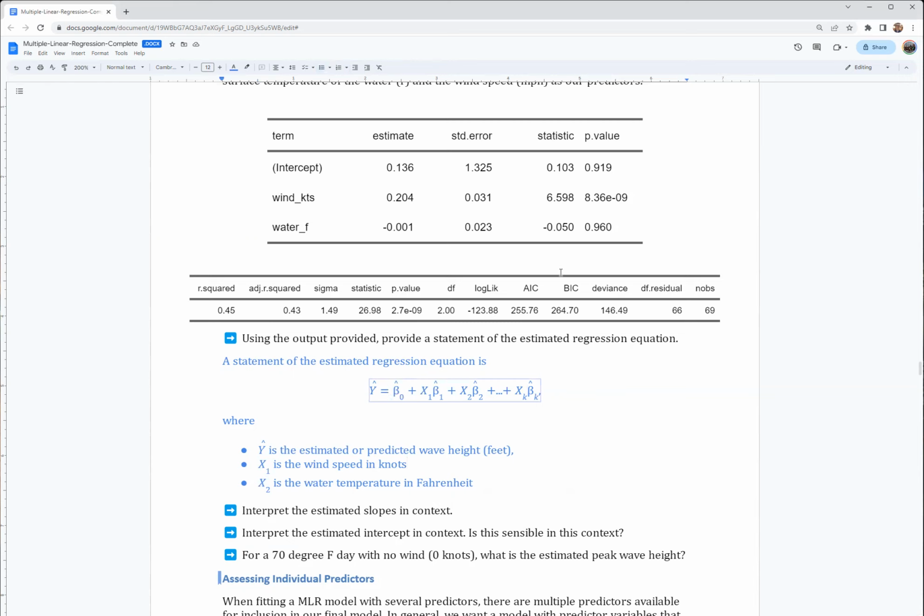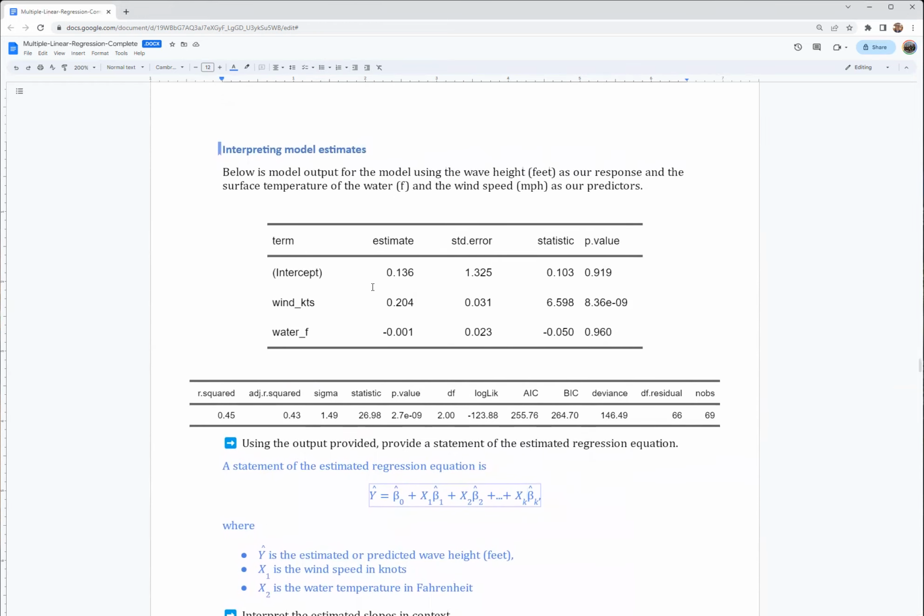For the estimated intercept, we get that here, the intercept estimate. For beta hat 1, the x1 is the wind speed in knots, so we want to make sure we get the right coefficient. X1 is wind speed, so we need the coefficient for wind speed.